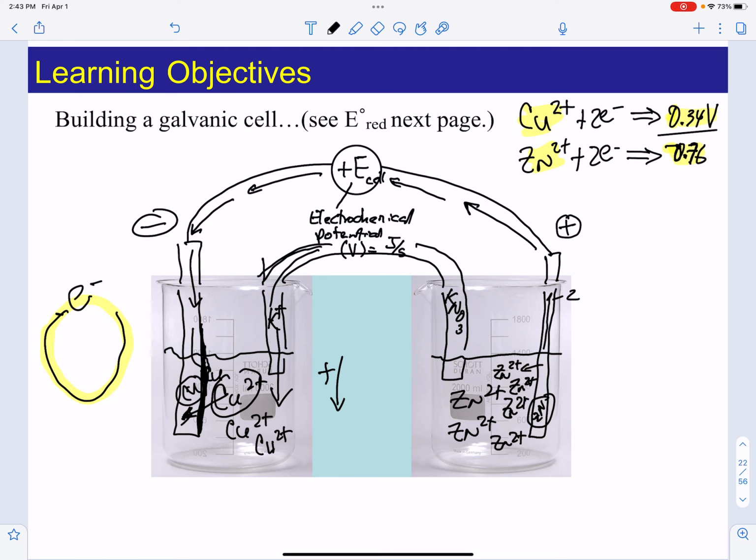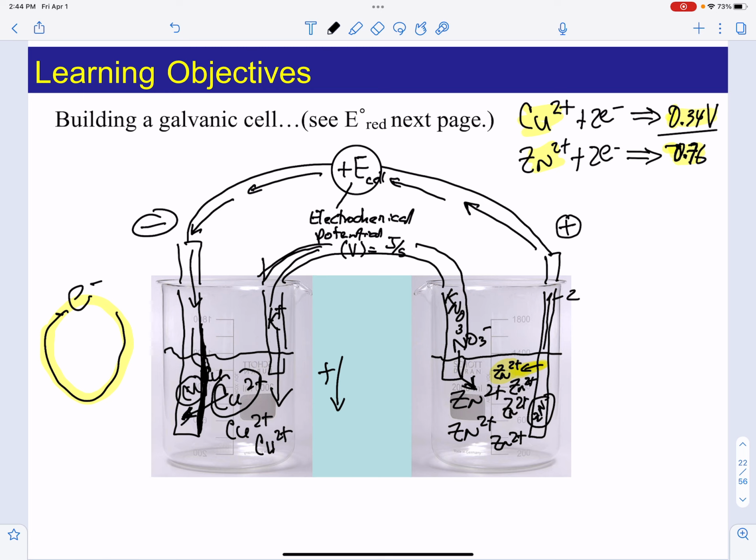On the anode, where a cation is becoming part of the solution, so it's leaving the metal, we're going to bring the nitrate with a negative charge to balance the extra positive charge that we're having. So that's the function of the salt bridge, to keep the charge balanced on both sides.